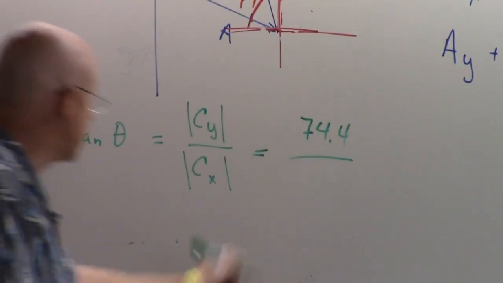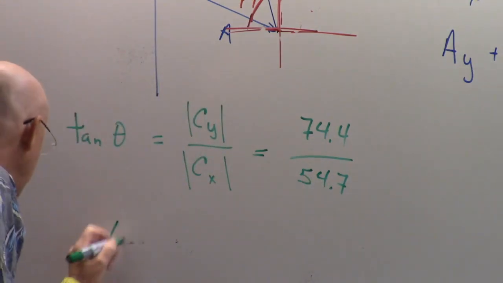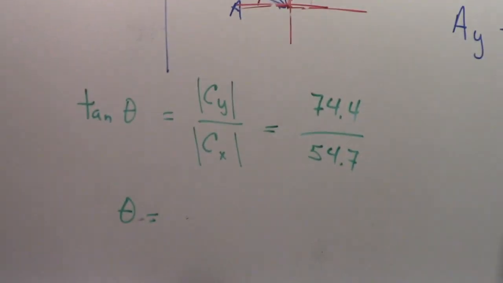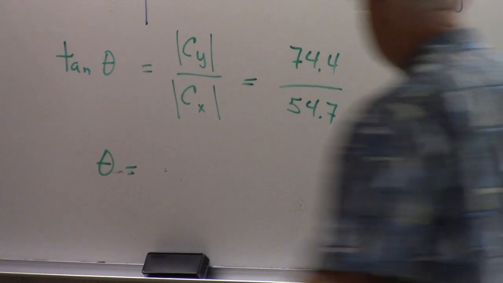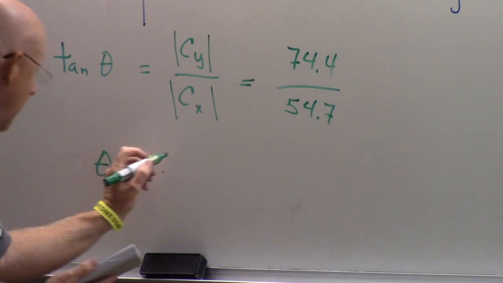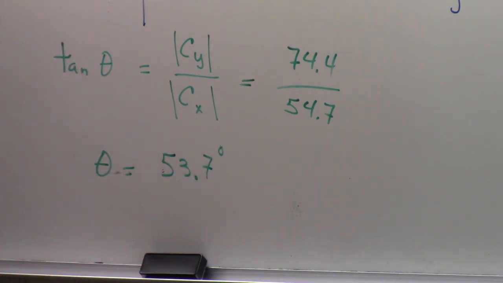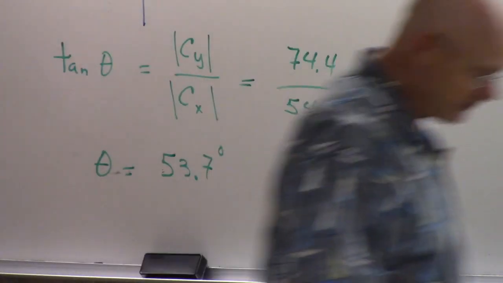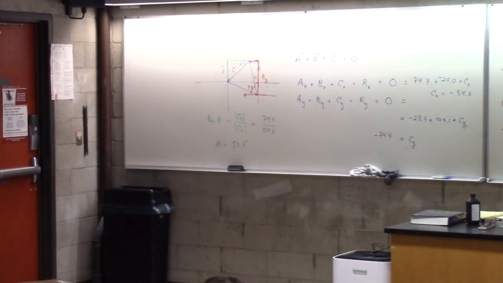And for the cx, I will put a 54.7, so that then I can grab my calculator here and go inverse tangent 74.4 over 54.7 and come up with 53.7 degrees to finish it. And so again, we spent a lot of math time here, but I think important time, because for some of you, I think it's probably been a while since you've been working with your trig functions.